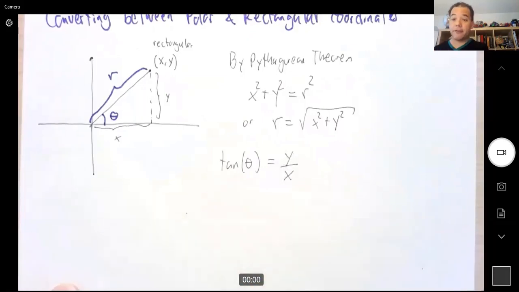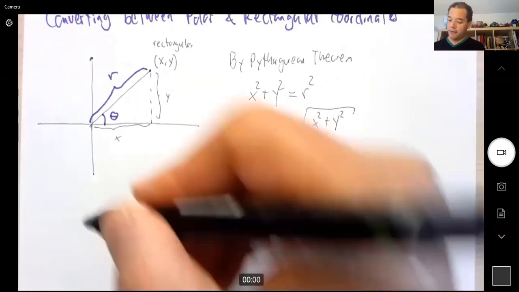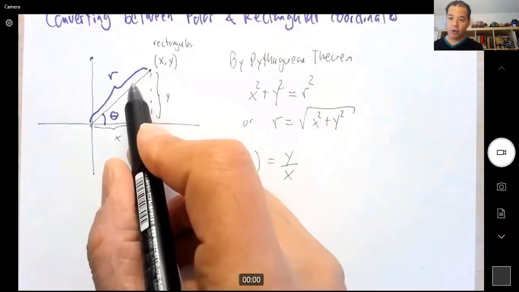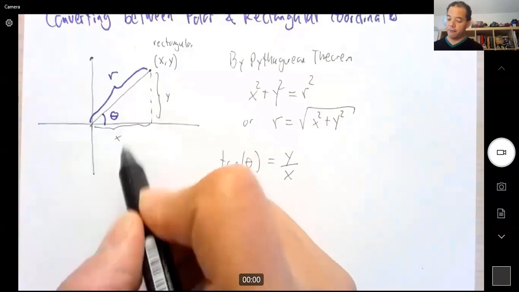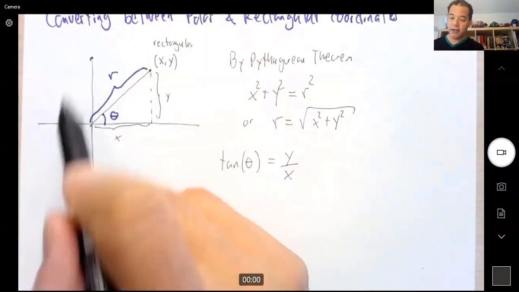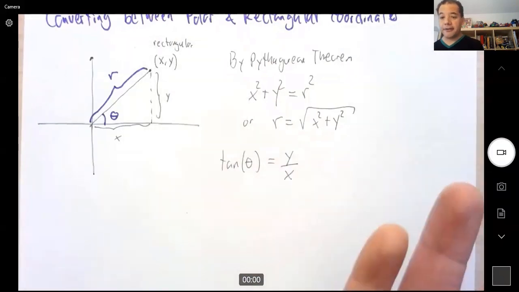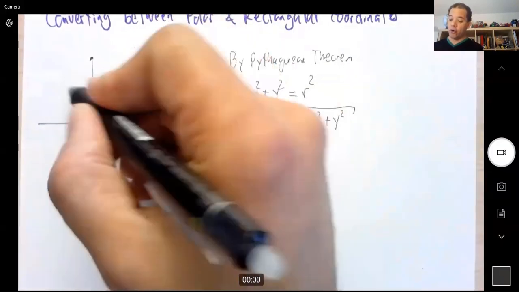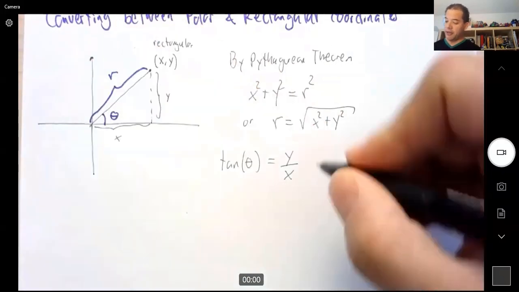But be careful, because inverse tangent only has as its range from negative pi over 2 to pi over 2. So if you are in the fourth or first quadrant, you're good. But if you're in the second or third, you need to figure out the inverse tangent and then add pi so that you're located in the right way. All right?